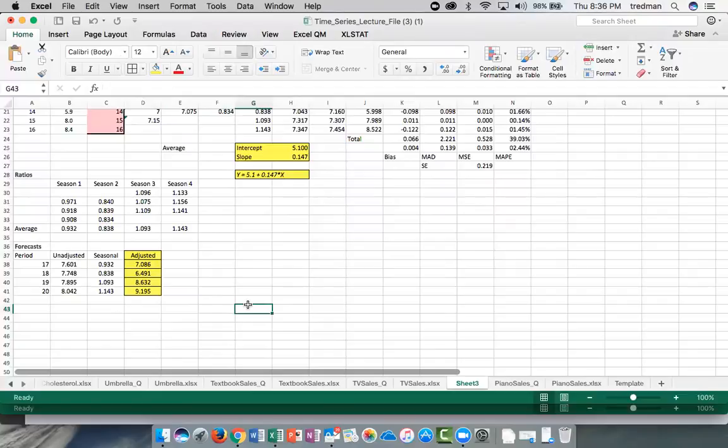So what we're saying is that for the next year, which encompasses periods 17, 18, 19, and 20, our seasonally adjusted forecast will be 7.086, 6.491, 8.632, and 9.195, respectively.